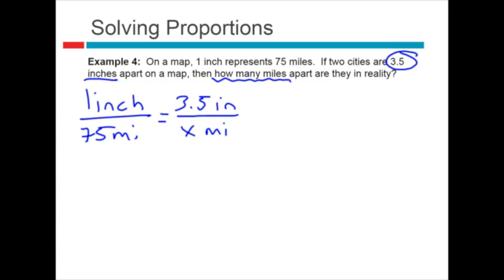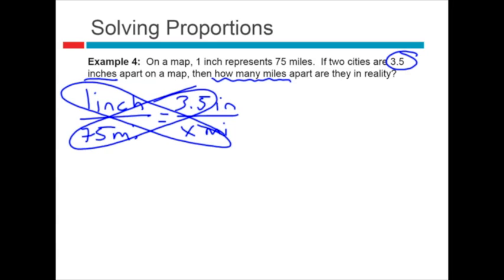We're going to start this by multiplying our diagonals, just like we did last time. 1 times x and 75 times 3.5. So 1 times x equals 75 times 3.5. I'm going to have to do some scratch work over here. 75 times 3.5. 5 times 5 is 25. 5 times 7 is 35, plus 2 is 37.